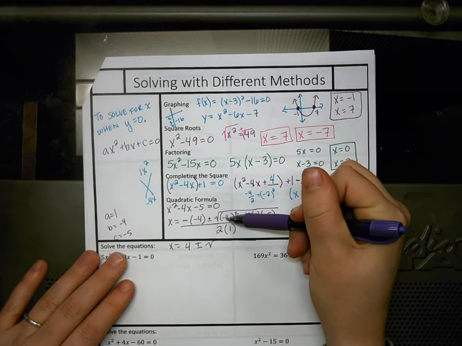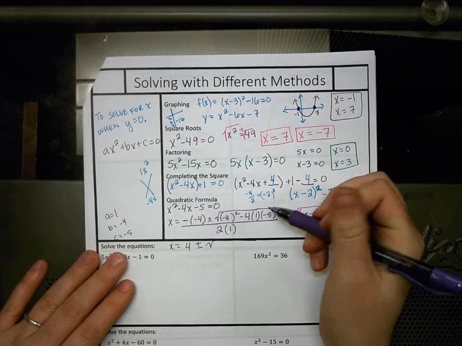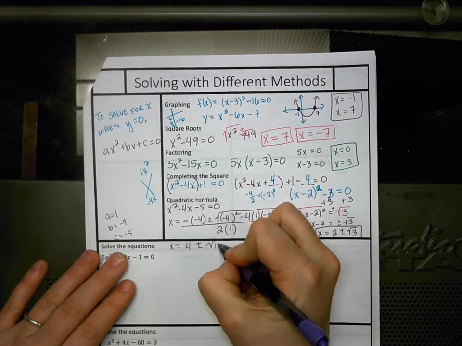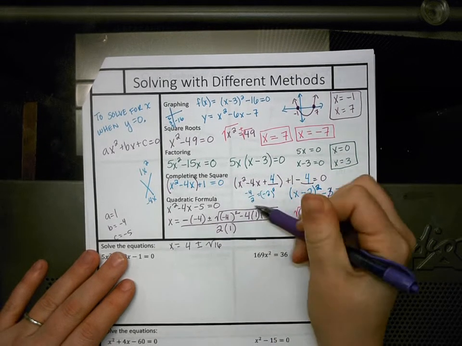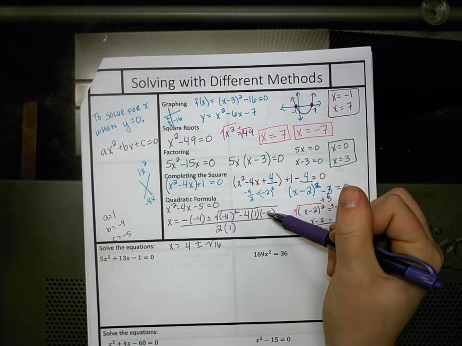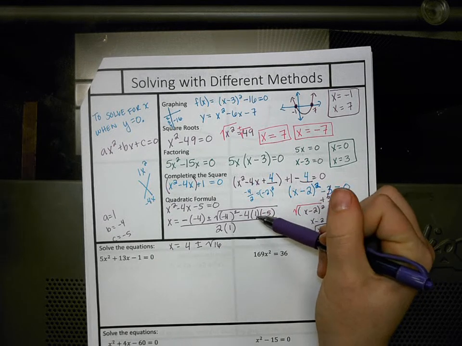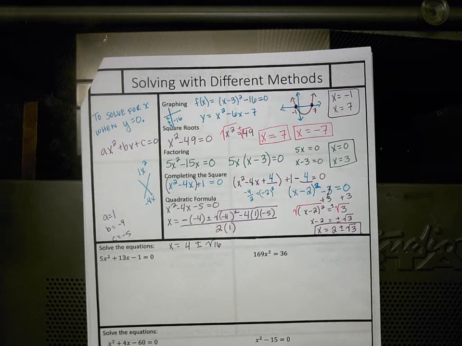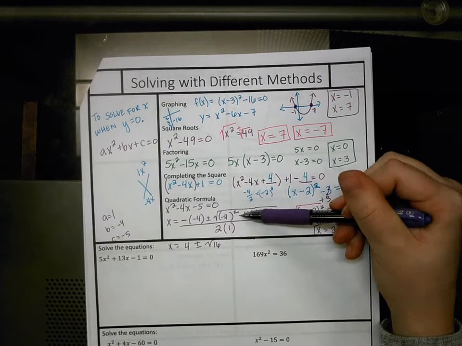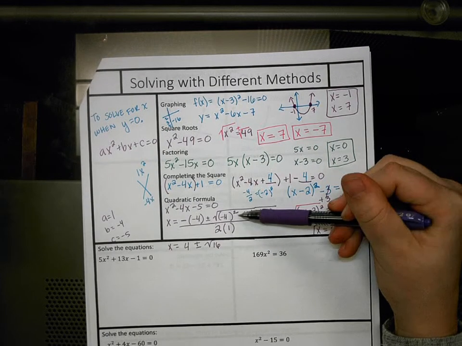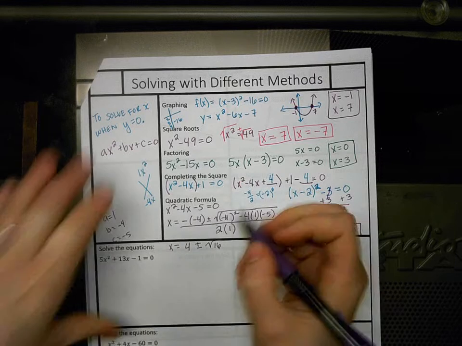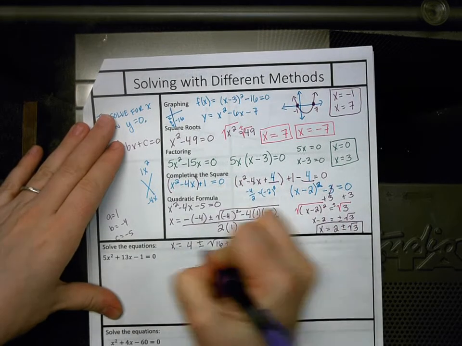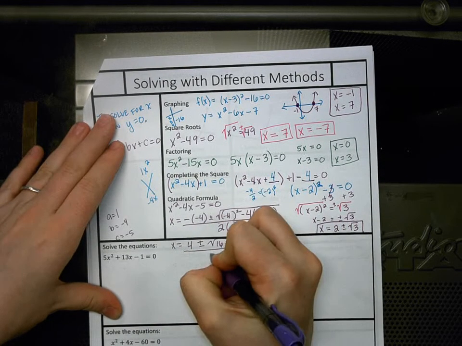So negative 4 squared is 16, and negative 4 times 1 is negative 4, and negative 4 times negative 5 is positive 20, all over 2.